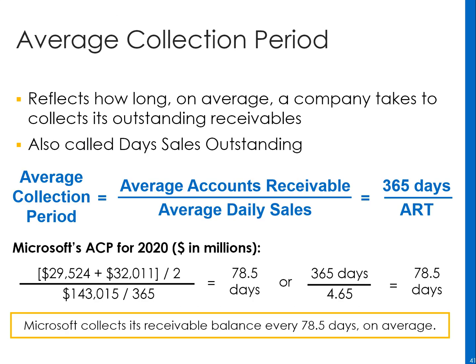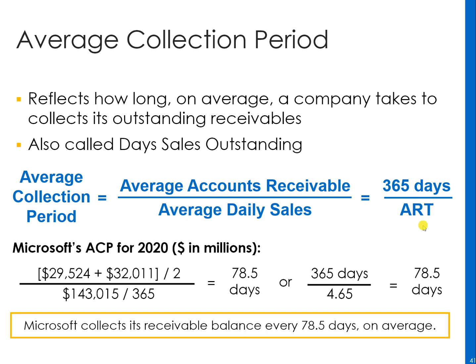A related analysis will be the average collection period, related to the receivable turnover ratio. It's actually the average accounts receivable divided by average daily sales.